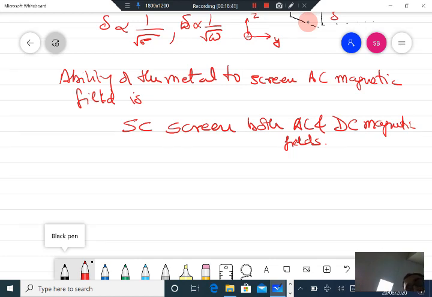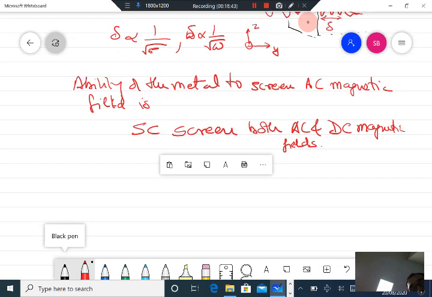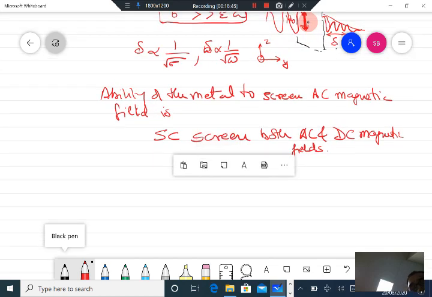However, before we go there, let us look at the perfect conductor. Now that we have looked at a conductor with a finite sigma, let us look at a perfect conductor. What happens for a perfect conductor? And that will be the topic of our next lecture.